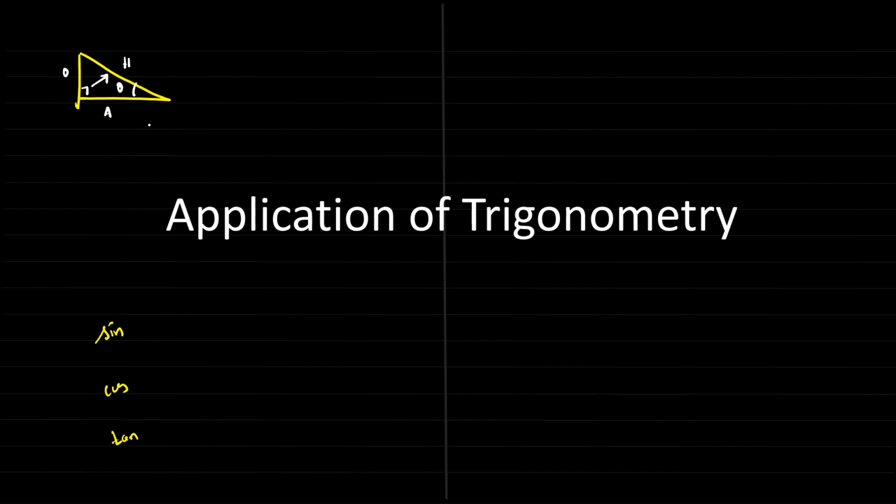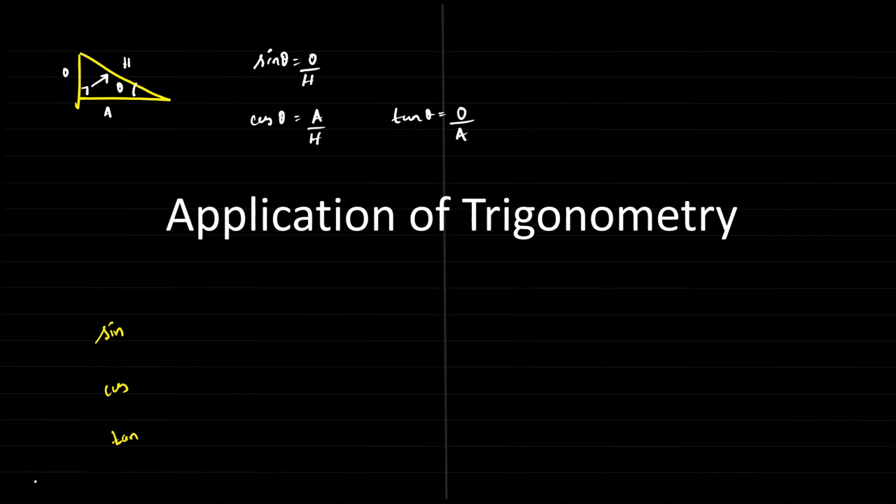Sine is defined as opposite over hypotenuse. Similarly, cos theta is defined as adjacent over hypotenuse, and tan is defined as opposite over adjacent. I hope you know all of this, the basics of trigonometry.